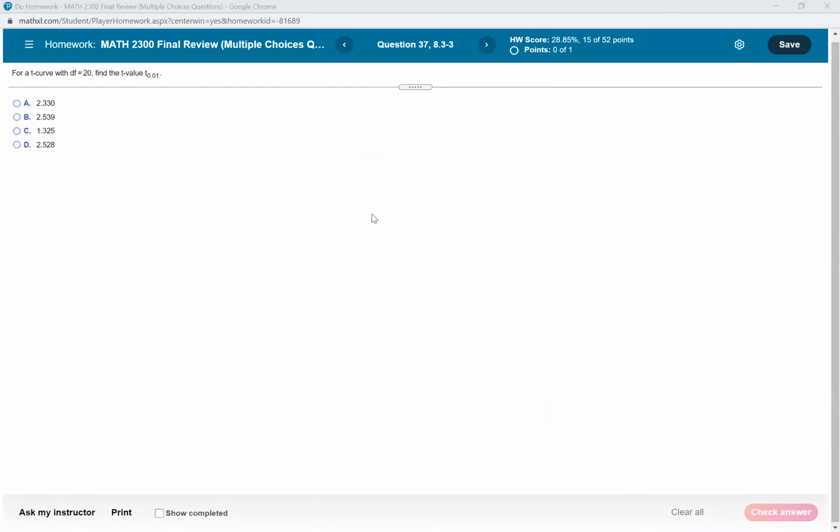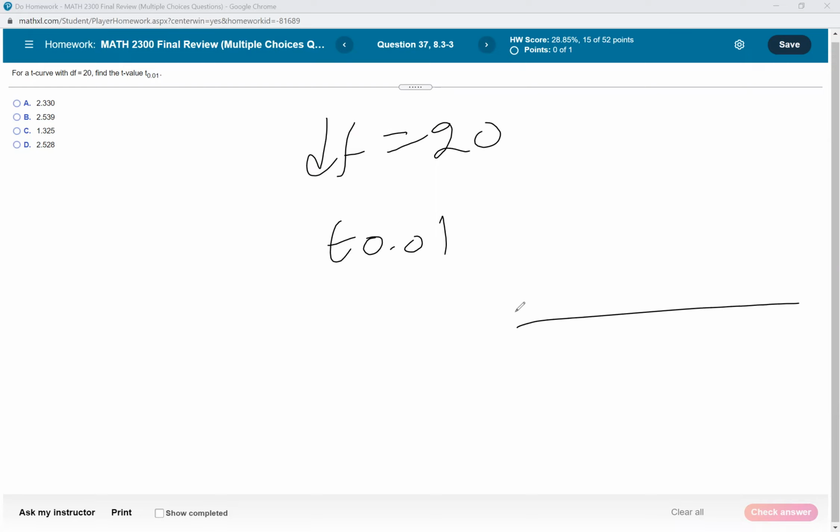Okay, so for our t curve with degrees of freedom 20, find the t value. You need to actually look at the t table. Here the degrees of freedom is 20 and the area is 0.01.